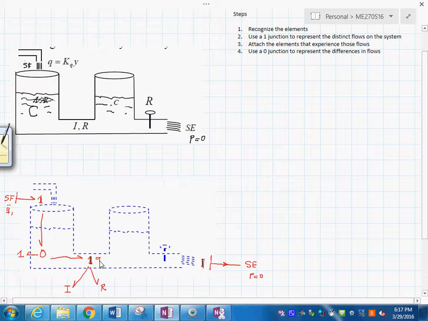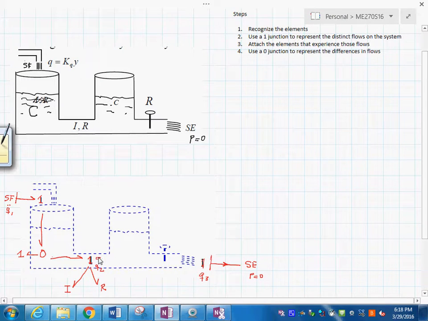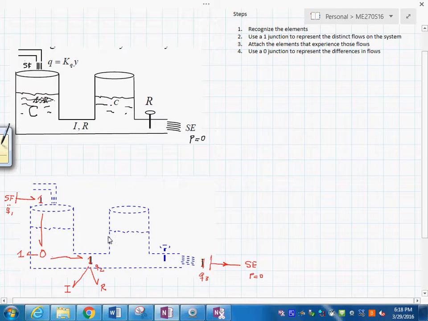So in here you see the difference between this flow and this one. The difference between those two is what goes into this tank in here.